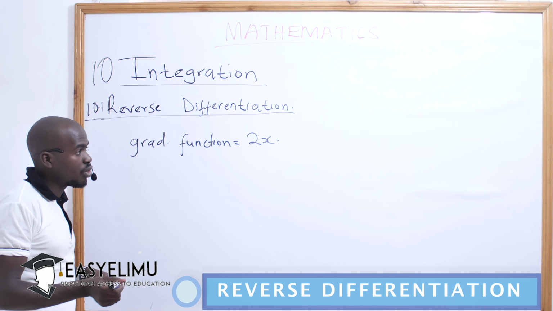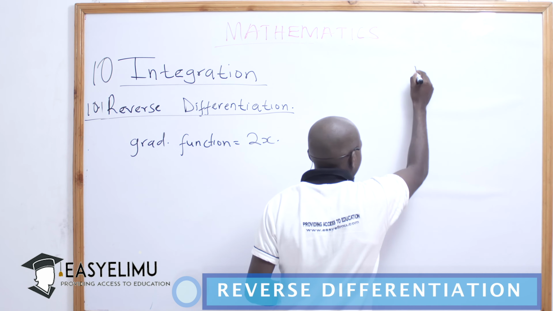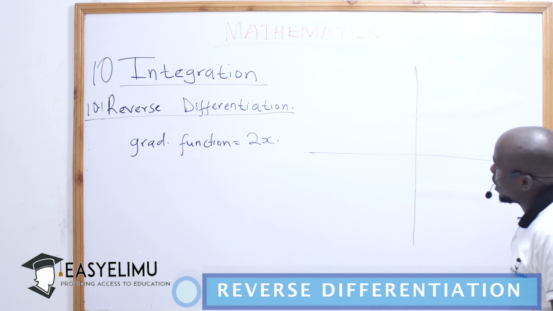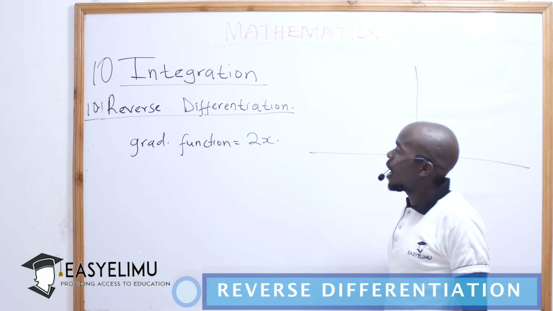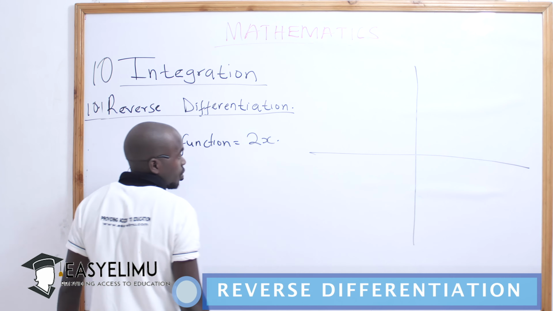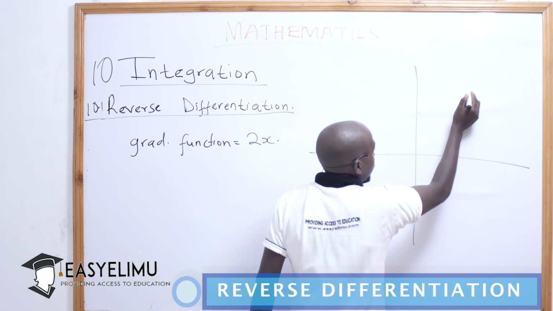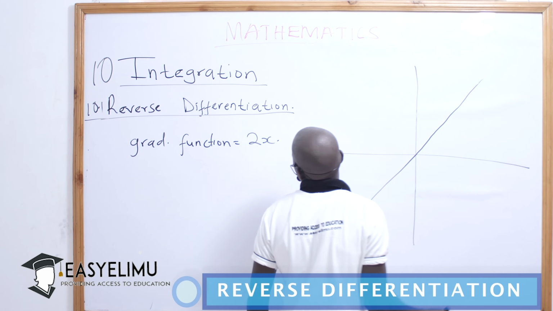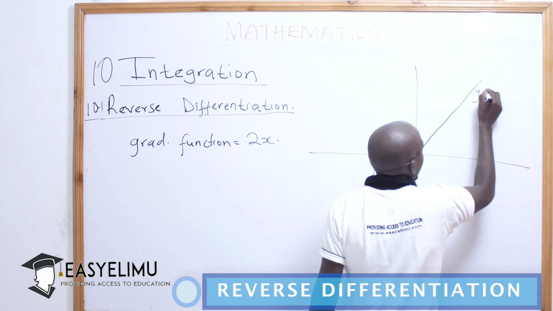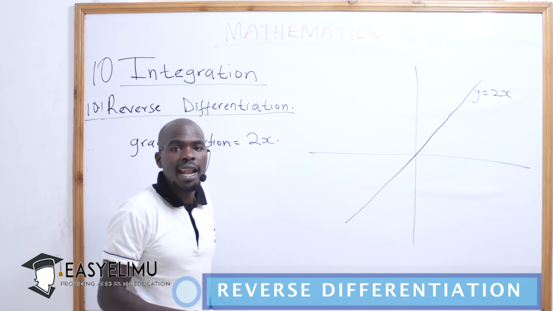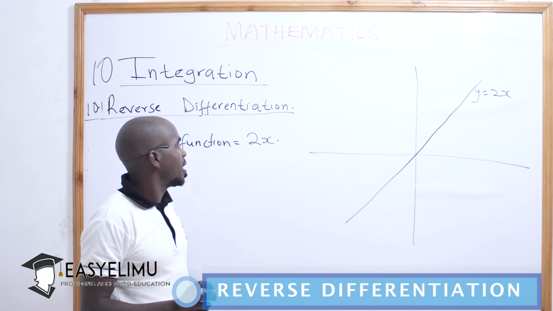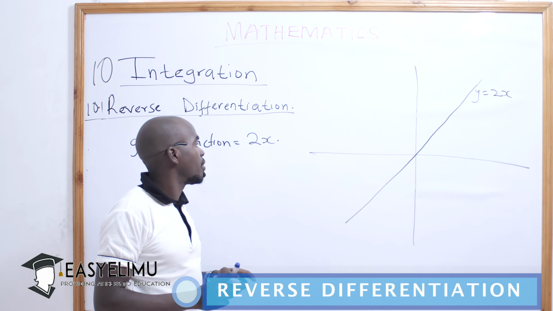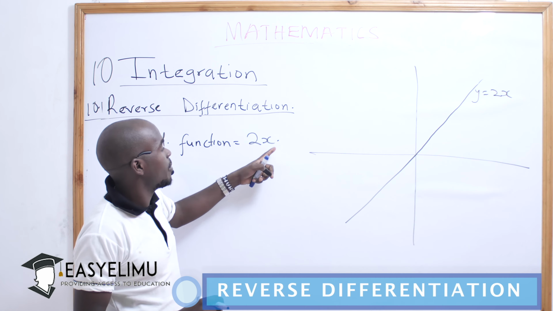If you do that on a drawing, you will find that 2x can still be a function if it passes through that line. So we can say this is the line y equals 2x. But other lines can be found by taking the y-intercept of the function.